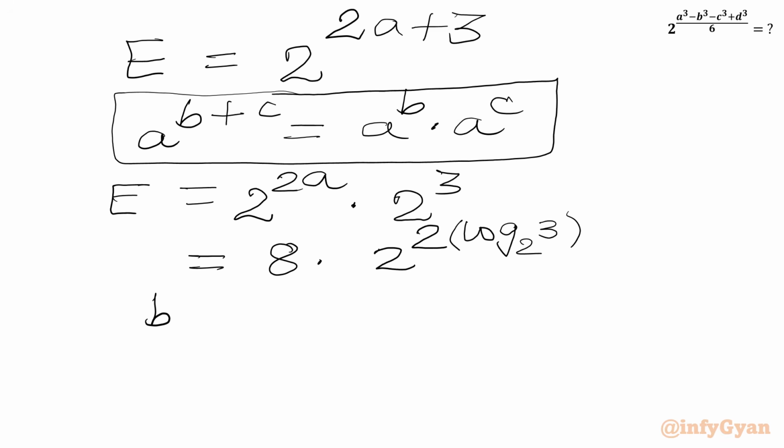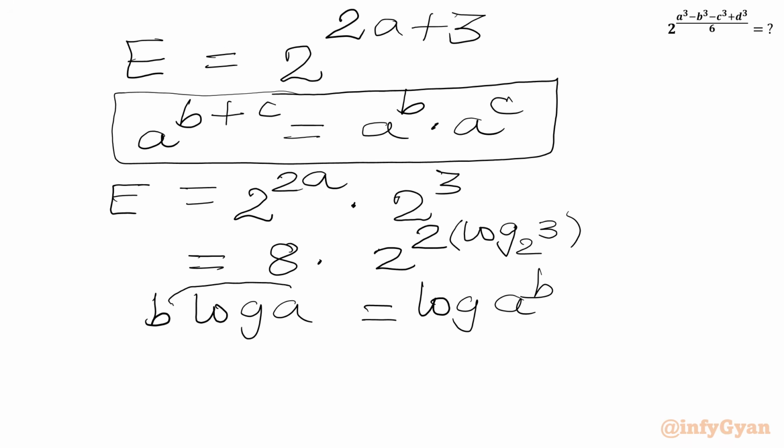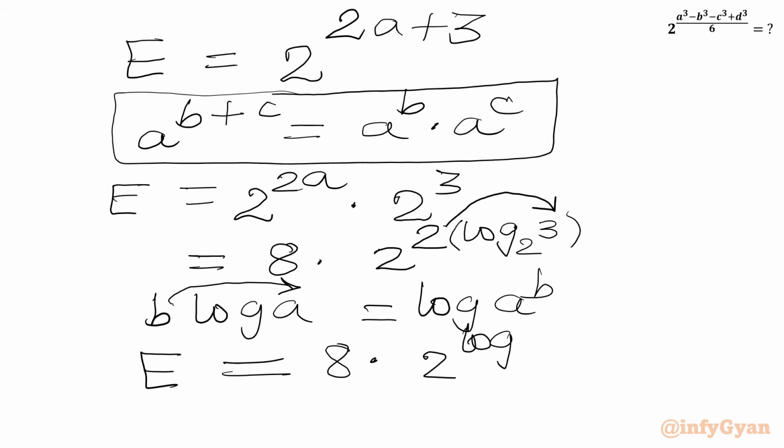Now I will write b log a, anytime we can write as log a power b. The reverse process: we will take this multiplier as the exponent. So here I will take this 2 as the power of 3. So I can write expression E equal to 8 times 2 raised to the power log of 3 square base 2.